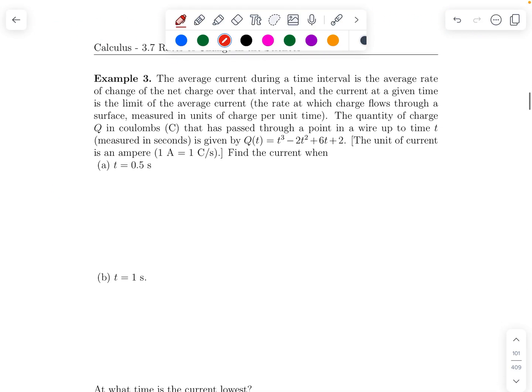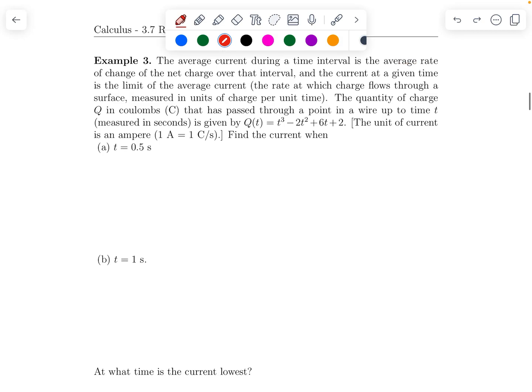All right, current, same idea. We see average rate of change of the net charge. Well, that just means derivative. And again, same thing, we see the current is the limit of these average rates of changes. So what I need to find is Q prime, 3t squared minus 4t plus 6.